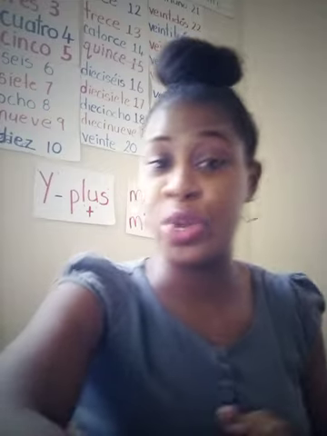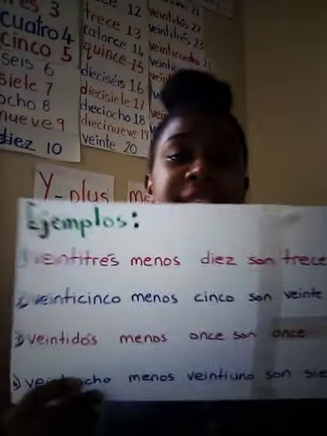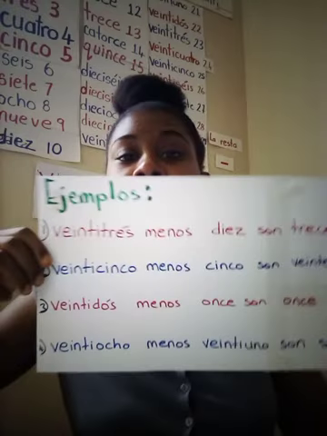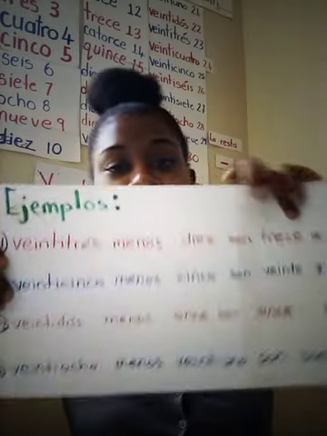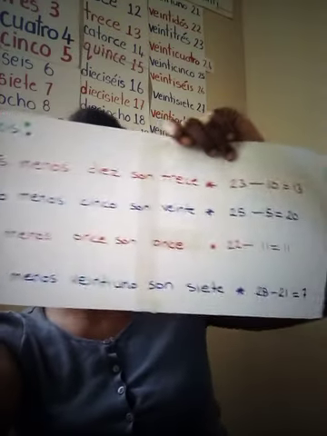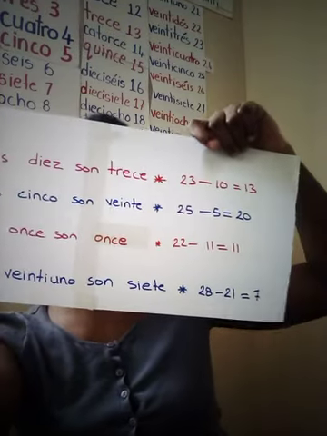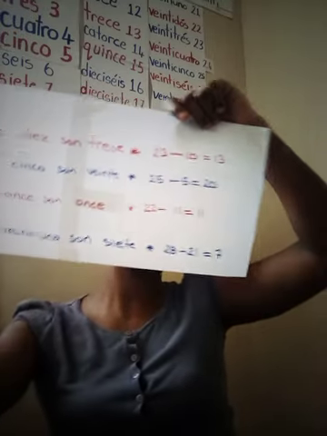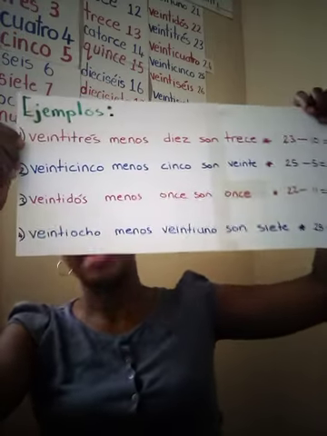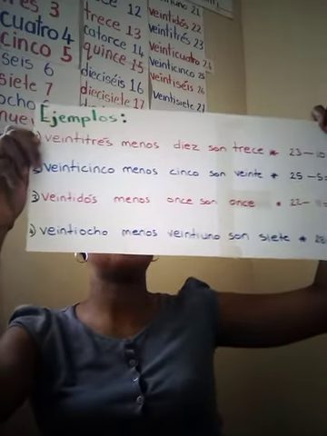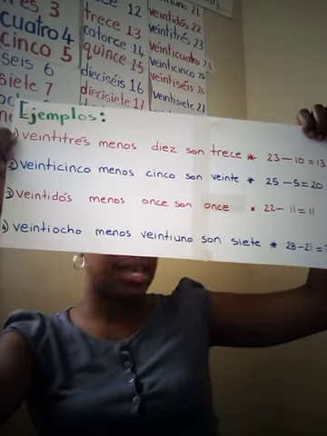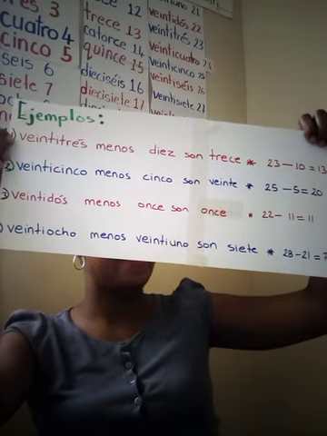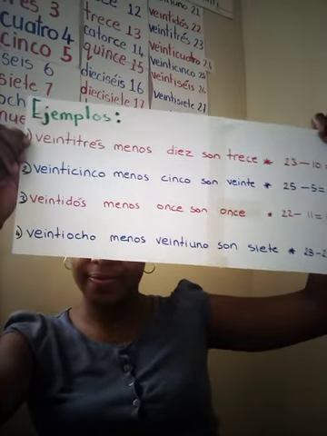Now that we've reviewed los números 1 hasta 30, let's quickly look at these examples you got last class. So, you're asked to subtract these numbers, for example. This is 23 menos 10 son 13, which means 23 minus 10, which is equal to 13. Then we had 25 menos 5 son 20, which is 25 minus 5, which is equal to 20.